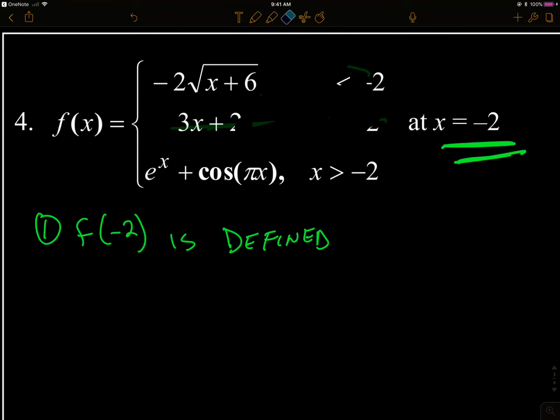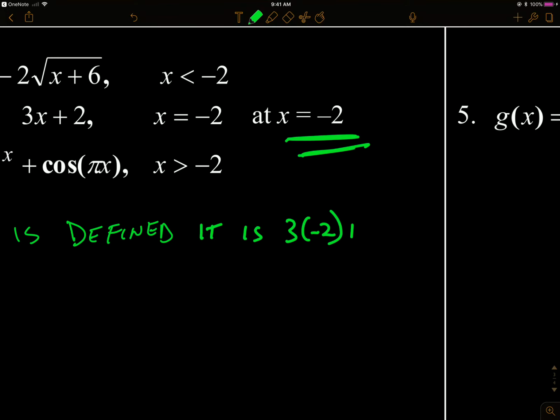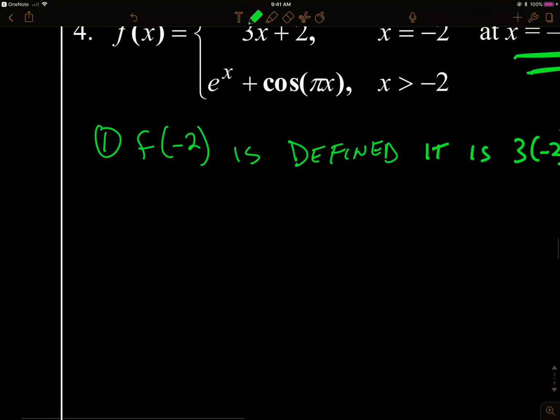In this case, equals gets its own row here. So it's defined, and I can do direct substitution. I can plug -2 into the 3x plus 2. So it's 3 times -2 plus 2. What is that? -4. Okay. So step 1 complete. It is defined.